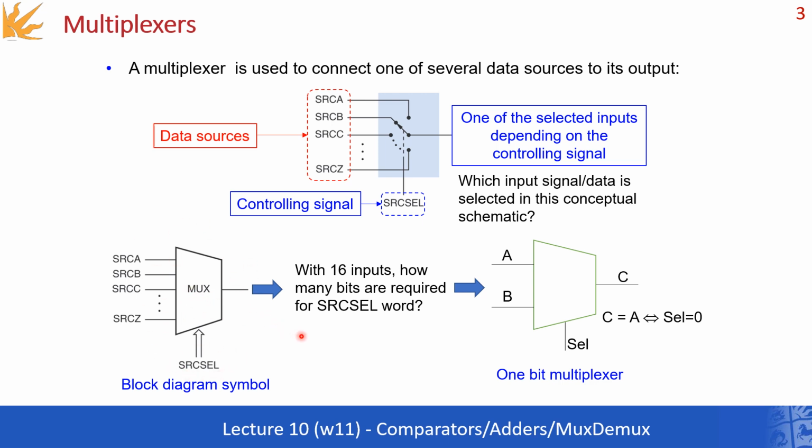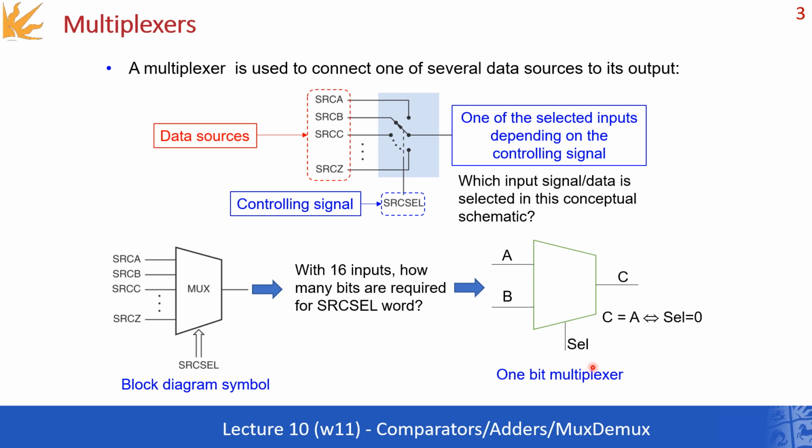Now, this is the block diagram symbol of a MUX, a multiplexer. Now, the question to you is, having said what we said earlier, if we have 16 different inputs, how many bits do you believe you would need for the source selection? The simplest case of a multiplexer we can think of is a multiplexer that takes 2 inputs.